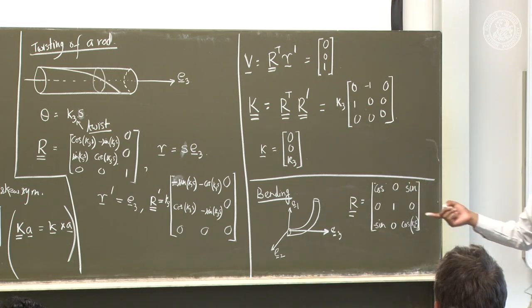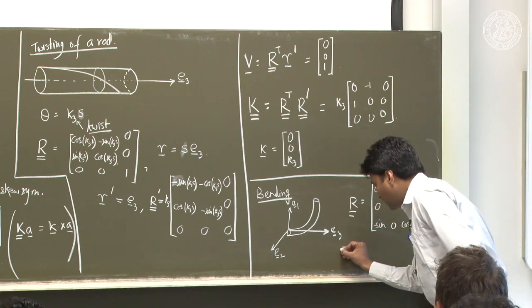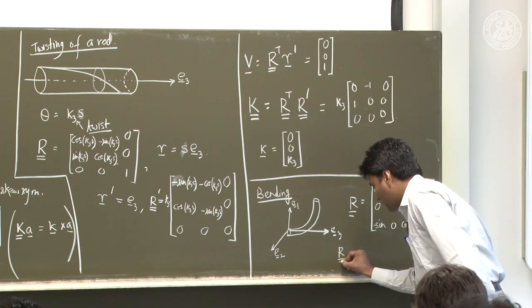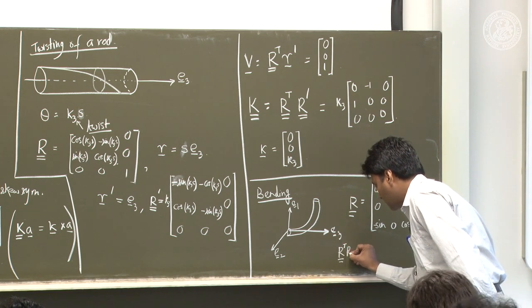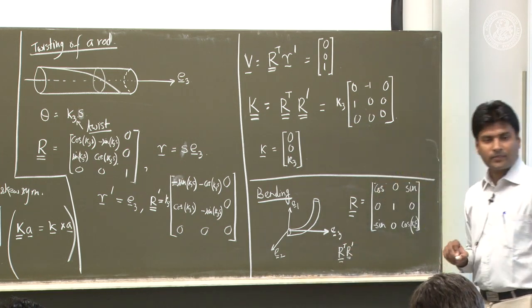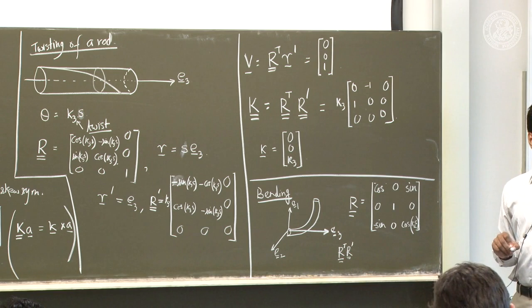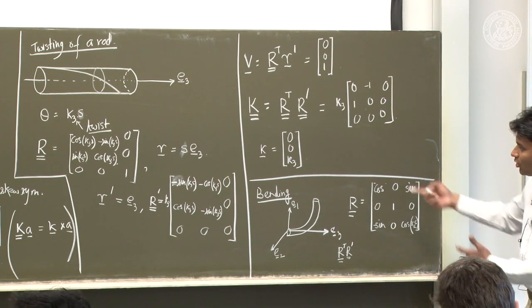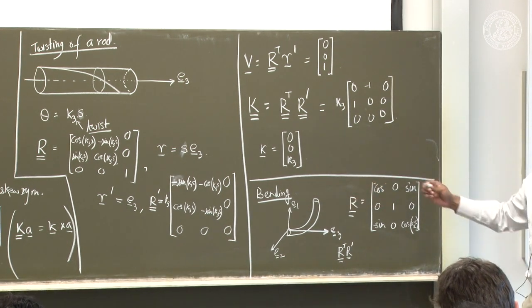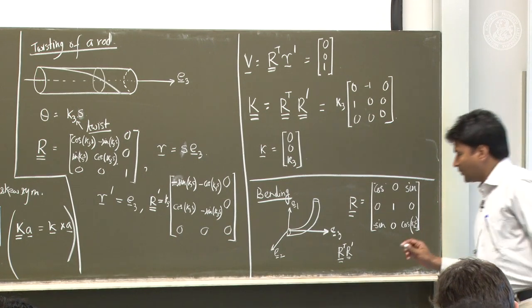And then when you work out your big R transpose big R prime, you can work out as we did last time and then multiply the matrices.